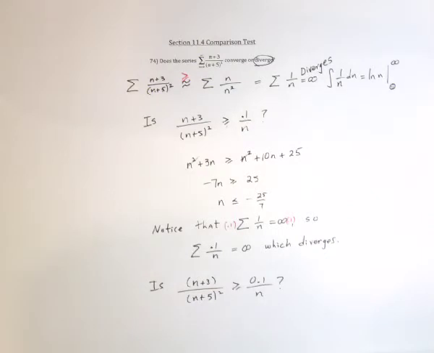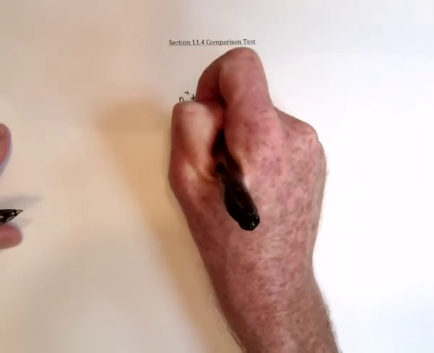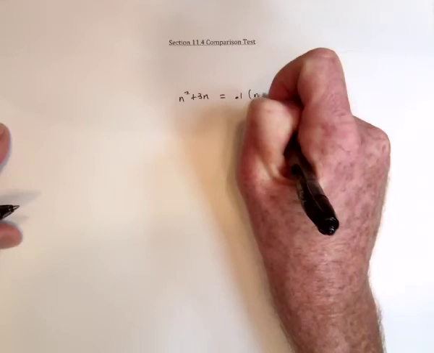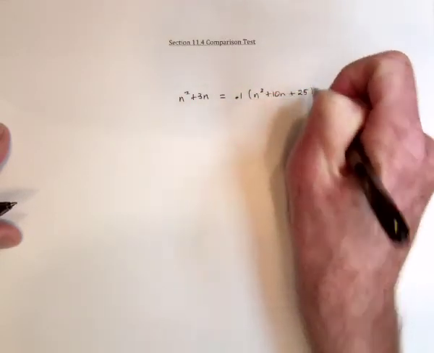Okay, again, cross multiply. I'm going to need to continue that on another page. Cross multiply, we would get n squared plus 3n on the left side, and then we would get 0.1 times (n squared plus 10n plus 25).